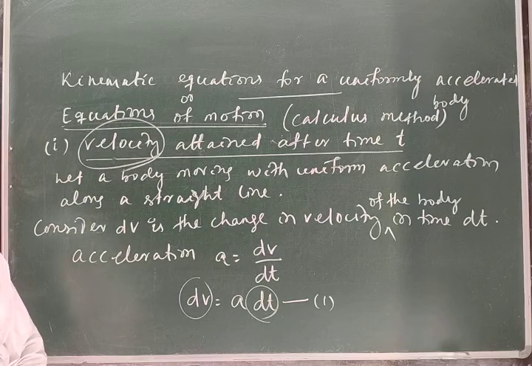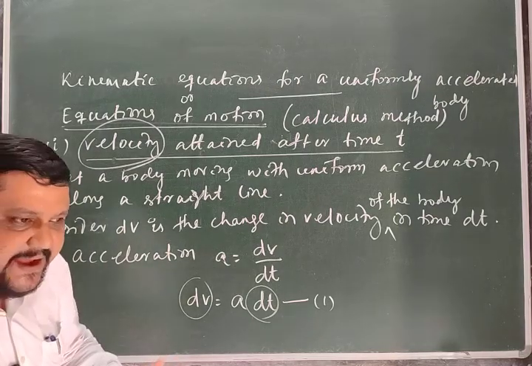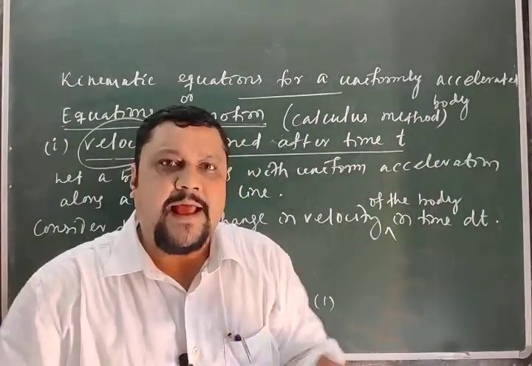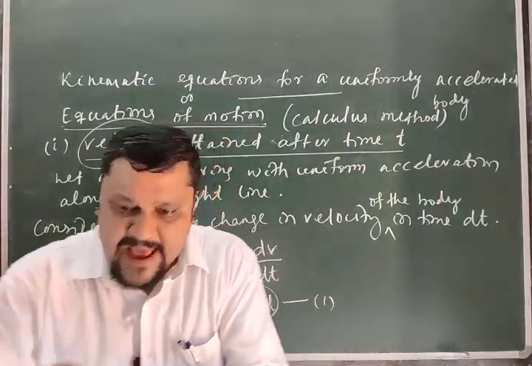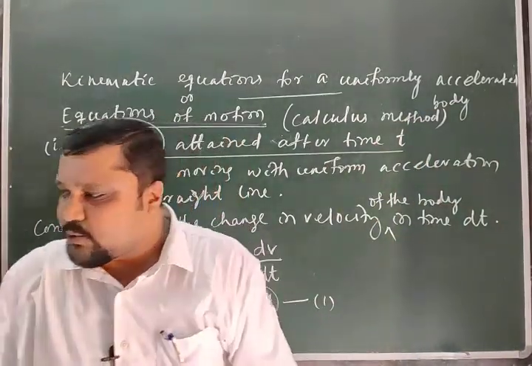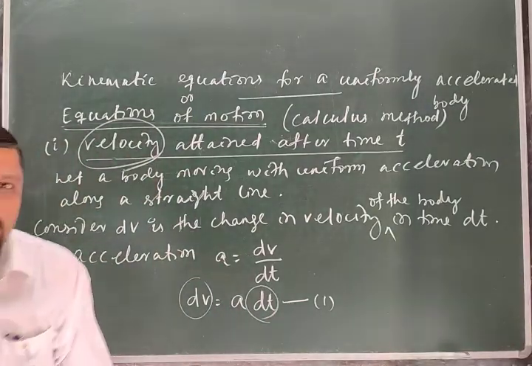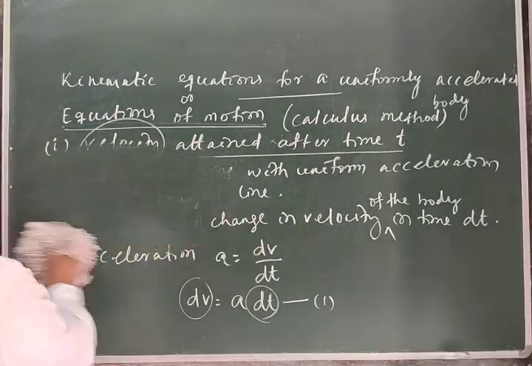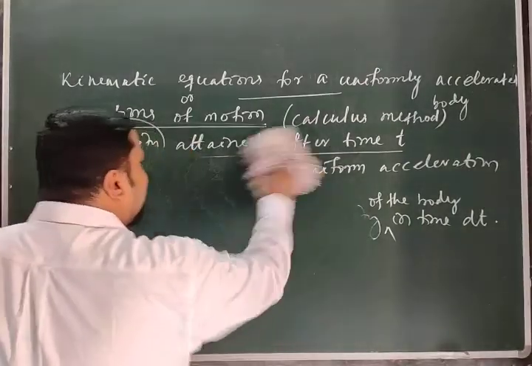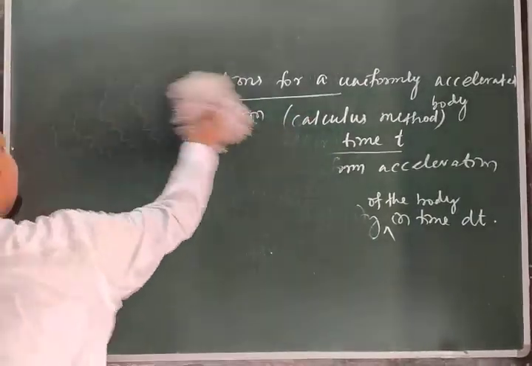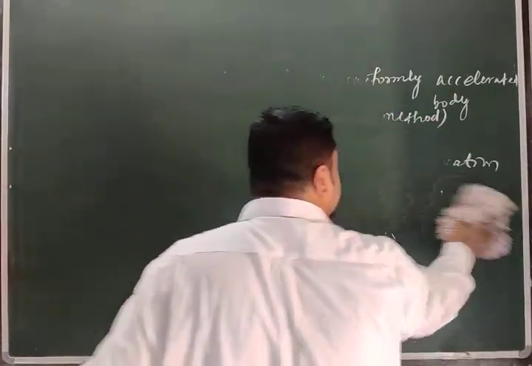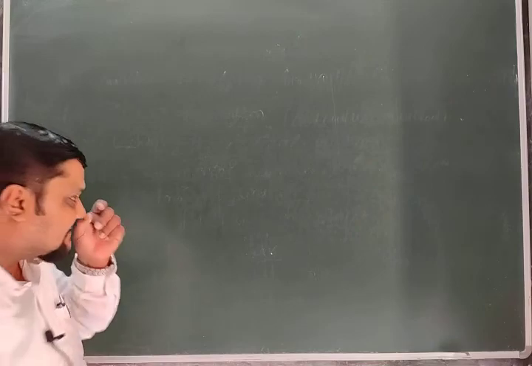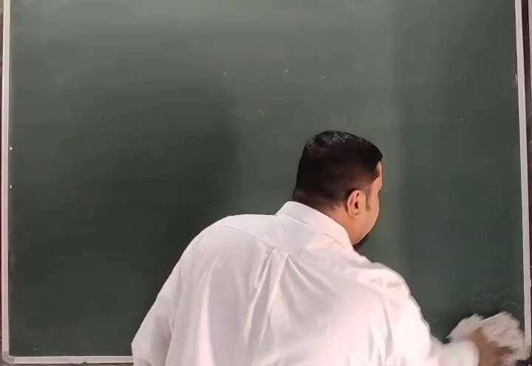So I want to find the velocity attained by the body after a long time t. To go from a smaller interval to a larger one, we do the integration. I told you in our videos on derivative and integration, in the calculus discussion, what the use of integration is. Now we use this. So you know this dv.